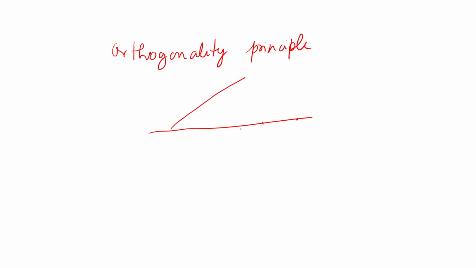Now this is the line and this is your approximation. The error will be like this. But if I approximate here, then the error will be minimum. And if I come this side also, then this error will be more. The error will be minimum only when this error is orthogonal to this line.